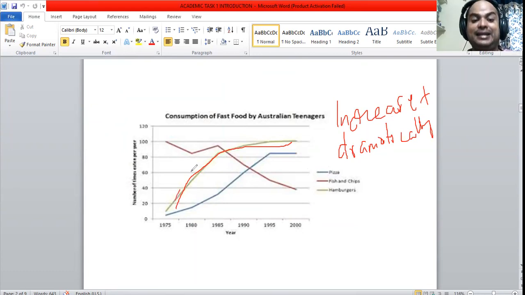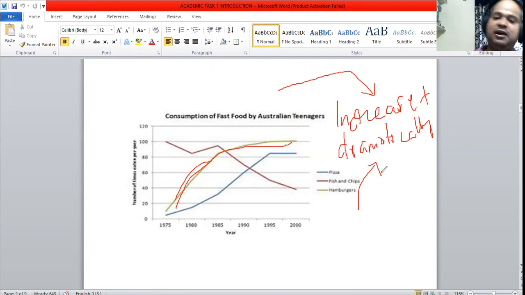I can say it is increasing. I can say it is dramatically increasing here. The change verb is increasing, and how the change occurs is also mentioned here.